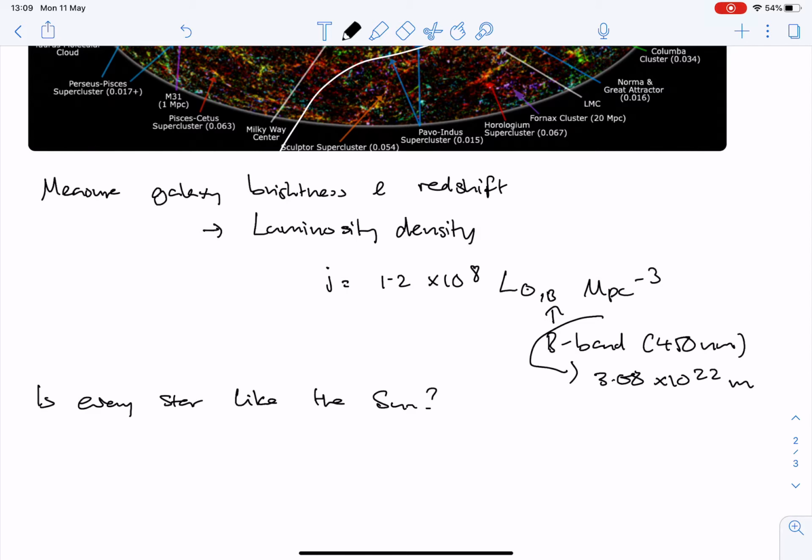If that's the case, then this is easy because your mass density is just 1.2 times 10 to the 8 solar masses per cubic megaparsec, because one solar luminosity equates to one solar mass. And the answer to that question, unfortunately, is no.